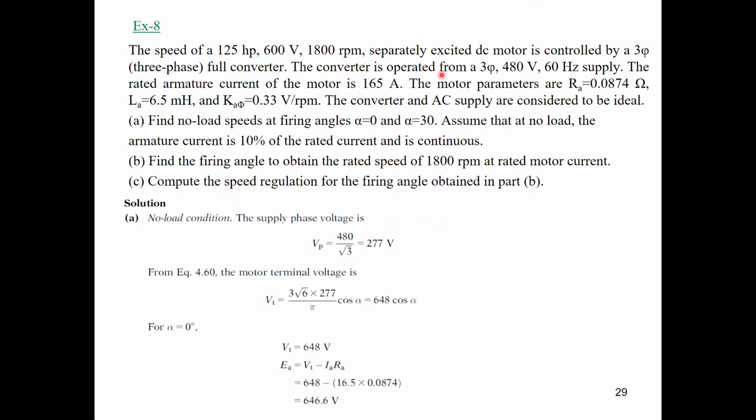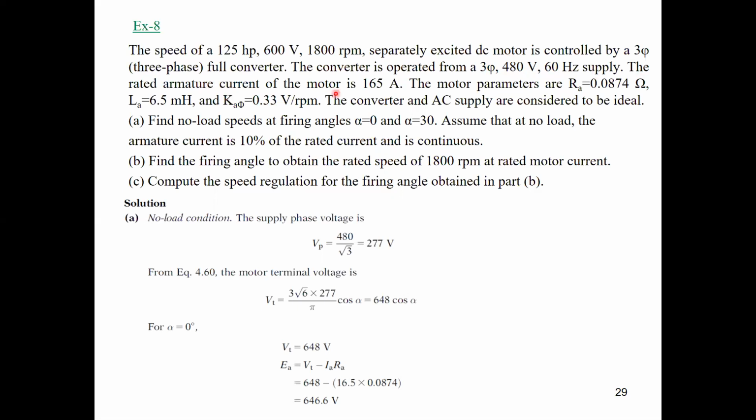The converter is operated from three-phase 480 volts. What is the 480? It is the line-to-line voltage. However, the relation is based on the phase voltage magnitude, so we need to divide by square root of 3 to get the phase voltage. The frequency of the supply is 60 Hz.